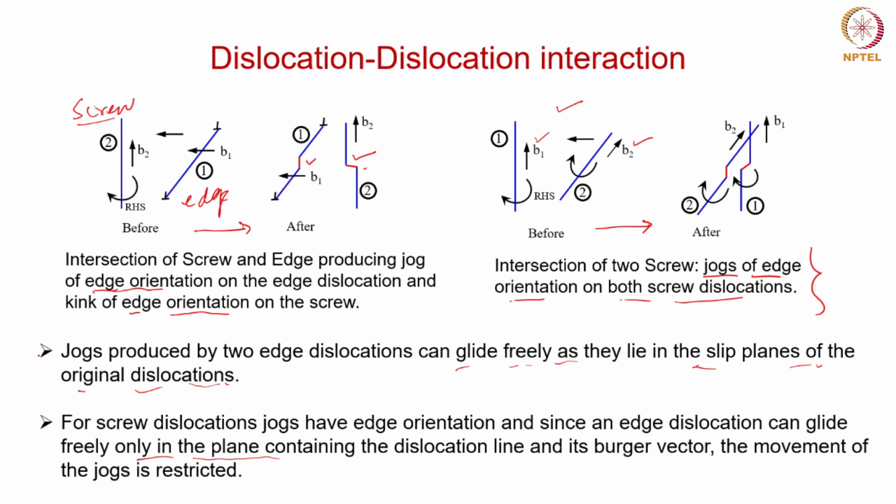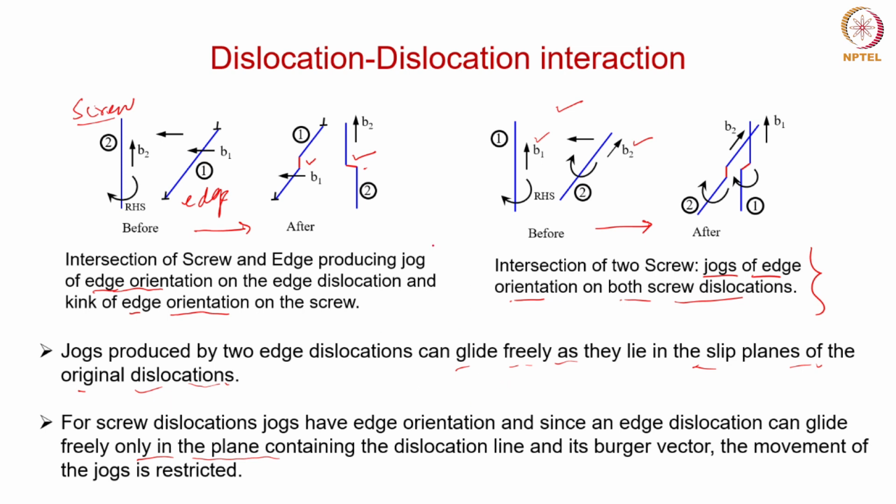So that's what I meant when I said that you need to look at the orientation of the step which is created due to dislocation interactions, right? In case of screw dislocations, it is of edge orientation, and therefore the movement of such steps or jogs created on screw dislocations will be restricted, right?